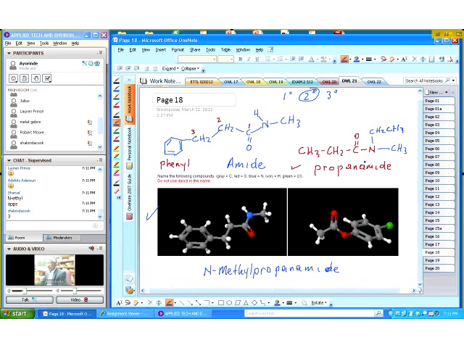Okay. So now for me to name this, we have an ethyl group attached to nitrogen, and another methyl group attached to nitrogen. So how do I name this? Keep in mind we have to follow alphabetical order. I will say N-ethyl. In other words, an ethyl group is attached to nitrogen.